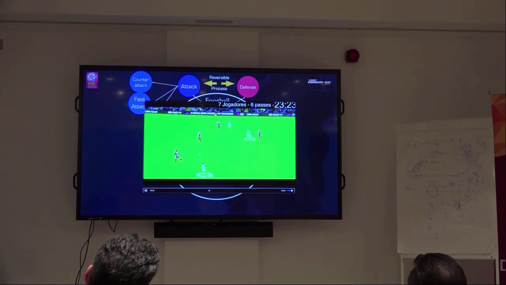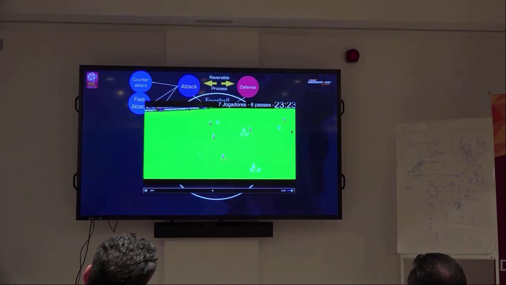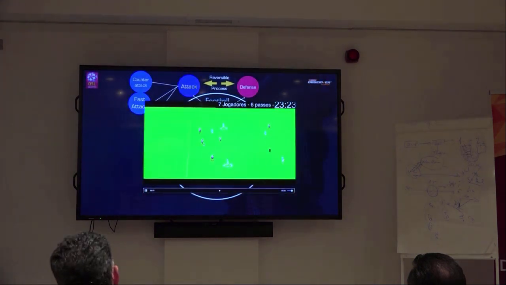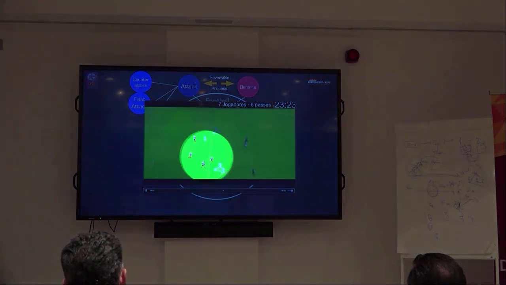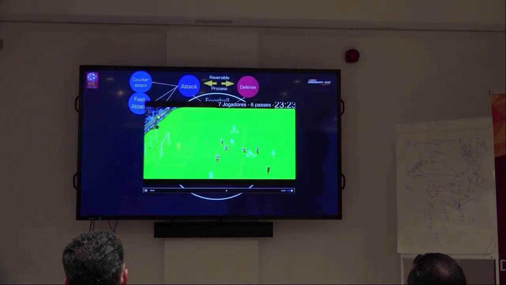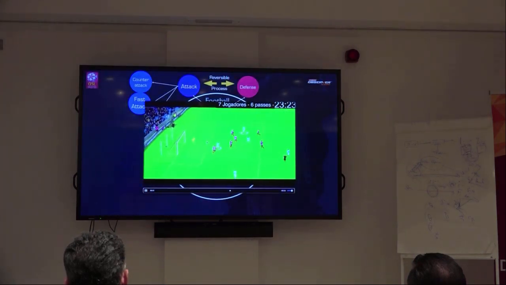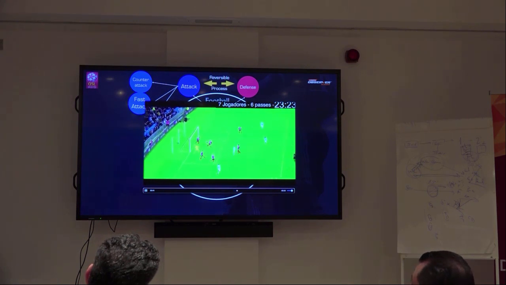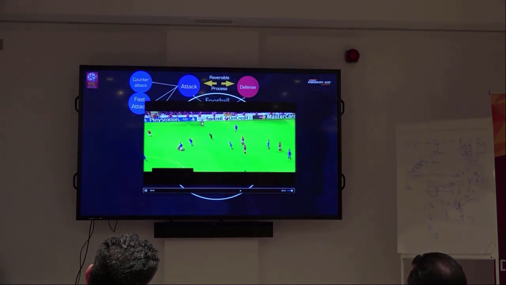It's fast. But look, we have at least 3 players there. But now they're going to have 4 players there. But they could not stop these attacks. Body position. Okay?